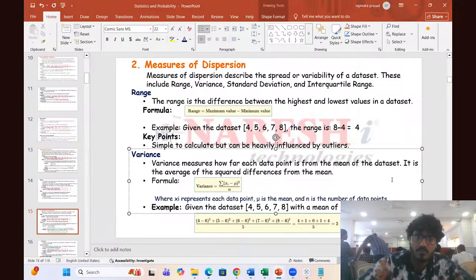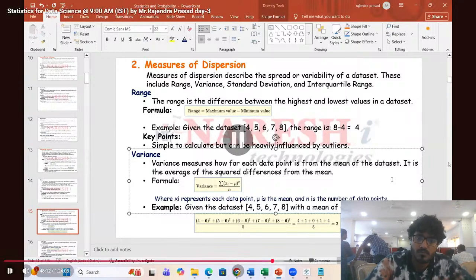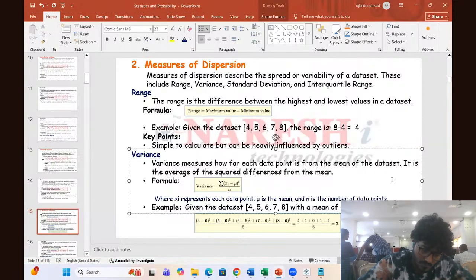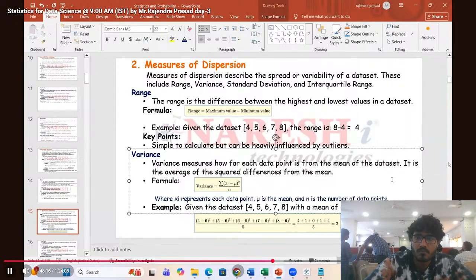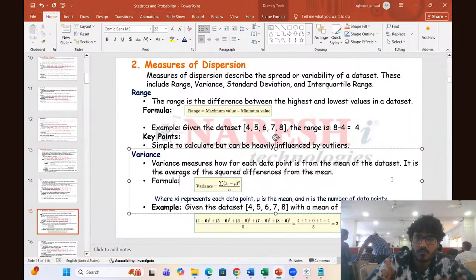Why we never use it: the formula involves maximum minus minimum. Maximum is nothing but a type of outlier. It is highly affected by the outliers. So that's why we never ever use range. We have a drawback in the range.